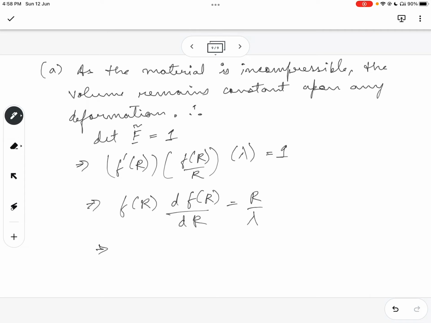Which implies that f df is r by lambda dr. So r goes from 0 to r, or we can do it as an indefinite integral. Therefore f squared by 2 is r squared by 2 lambda plus a constant c.